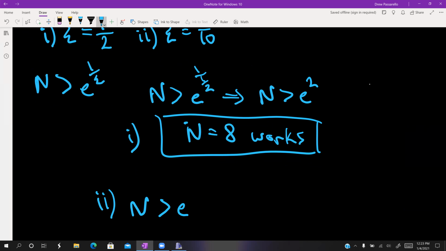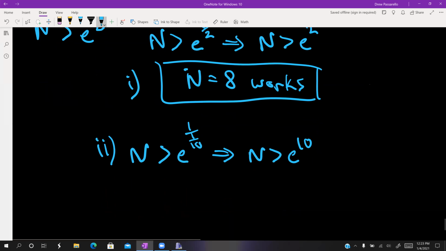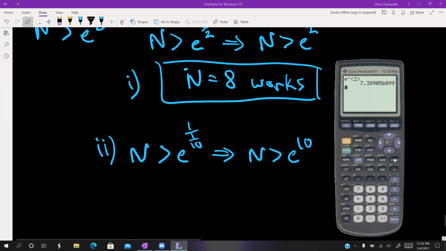Now part 2, we need capital N to be greater than e raised to the 1 over 1/10. Well, that's basically n greater than e raised to the 10th. So let me clear this. Okay, so e raised to the 10th, that's this number, 22,026.46579.